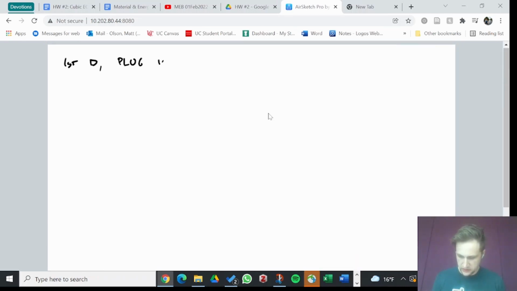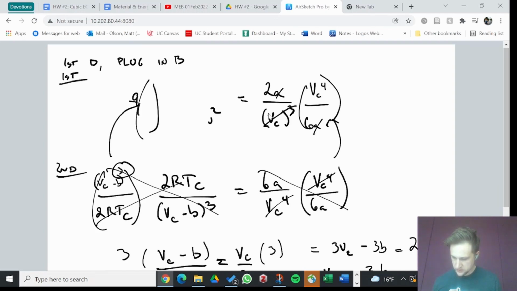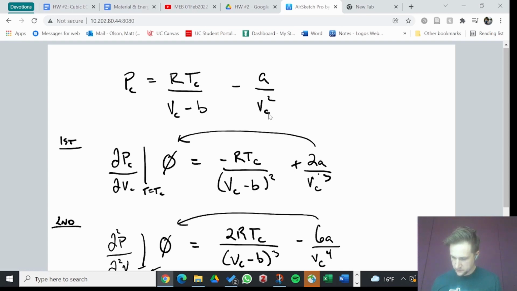Plug in B. And so what that leaves us with is, what do we have? Our first derivative equation was negative RT times TC VC. Bring in the B, swap in VC over 3.